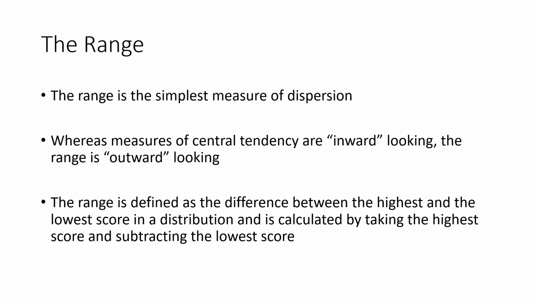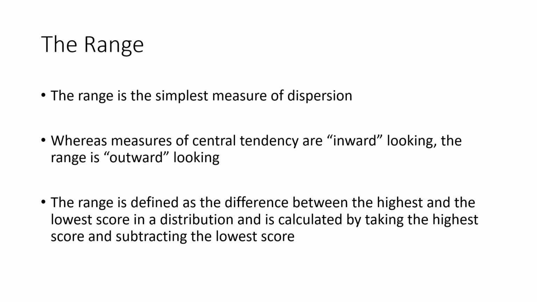So if you think back to the previous lecture where we talked about the median, and when I asked you to calculate the median, what you had to do was to set up the distribution of scores from the very lowest to the very highest, and then find the exact center in that distribution. You can use the same setup to calculate the range.